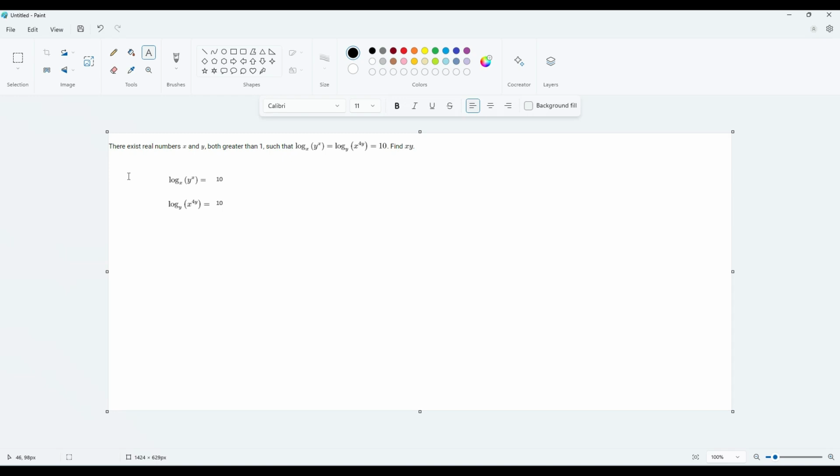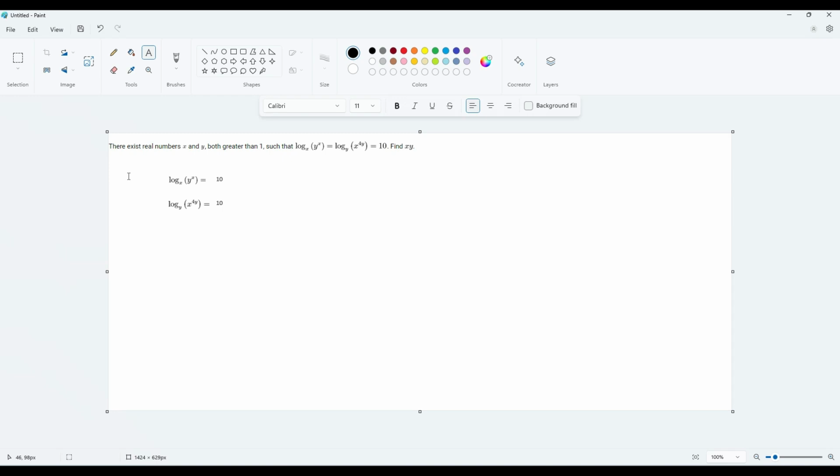Now, next thing that we can do in this one is to get rid of those nasty exponents, because it's kind of confusing on how we can really do it here. But in order to do that, we have to notice a way to simplify it down further. So one thing we can notice is that for the log x of y to the x, it'd be the same thing as x times log x of y.